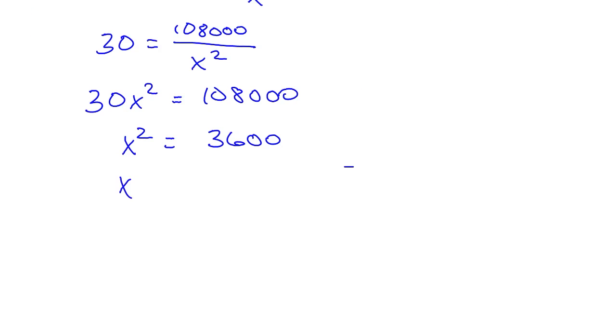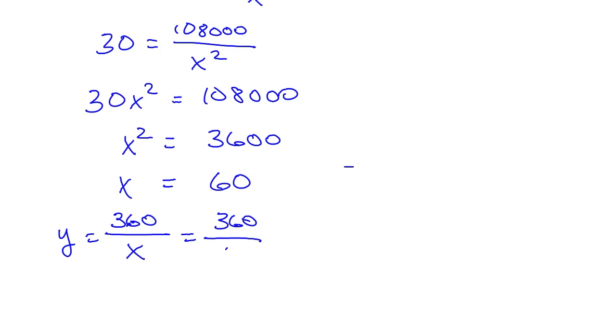And take the square root. Because this is an actual quantity of things, it can't be negative. So you're going to order 60 boxes every time you order boxes. And then y is the number of times per year from the formula above. That's 360 divided by x. So that's 360 divided by 60, which is 6. So it's 6 times per year.